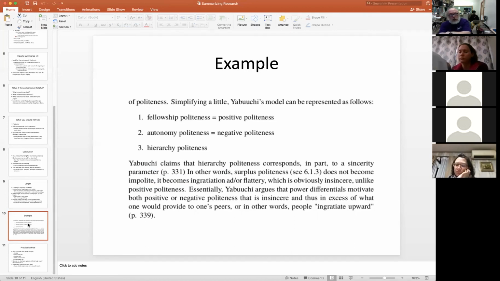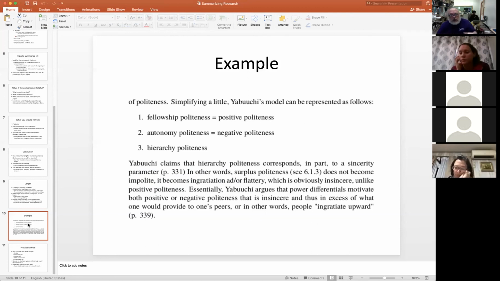The 3 kinds of politeness. And then I say, Yabuchi claims that hierarchy politeness corresponds in part to a sincerity parameter. In other words, surplus politeness doesn't become impolite, it becomes ingratiation and flattery, which is obviously insincere, unlike positive politeness.